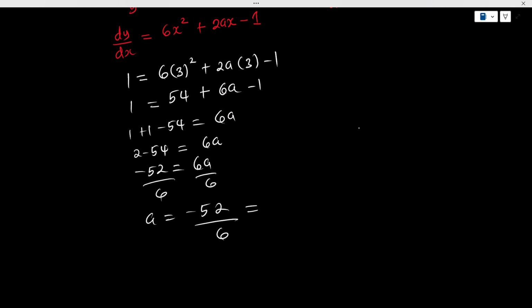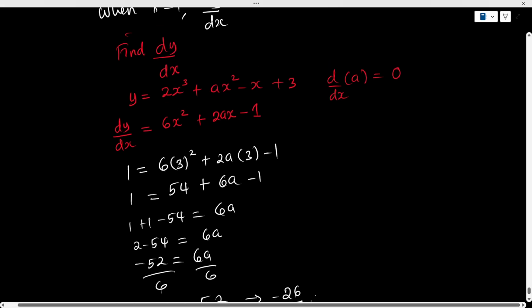So this is the value of your a. The value of a is this one. You can simplify this one more. This should be the right answer if you did not make any mistake anywhere.